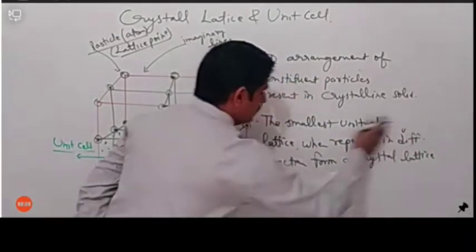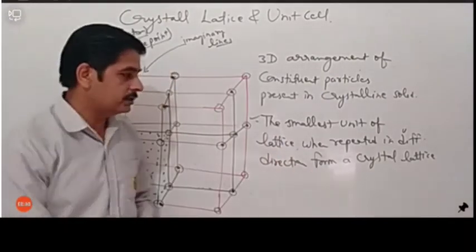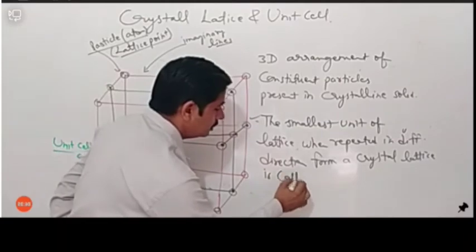Write it like this: the smallest unit of lattice, when repeated in different directions to form a crystal lattice, is called unit cell.